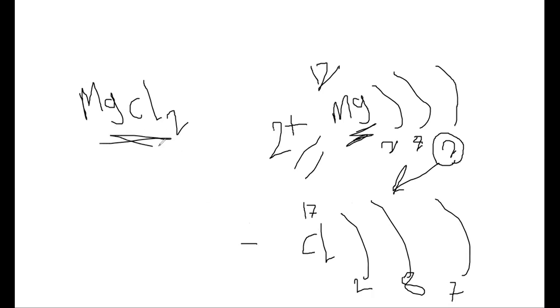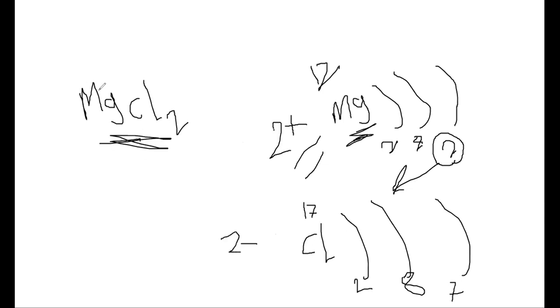In this chemical formula, how many chlorine atoms, or ions, are there? Chlorine 2. So 1 chlorine atom gains 1 electron, so it becomes negative 1. And 2 chlorine atoms gain 2 electrons, so together they become negative 2.